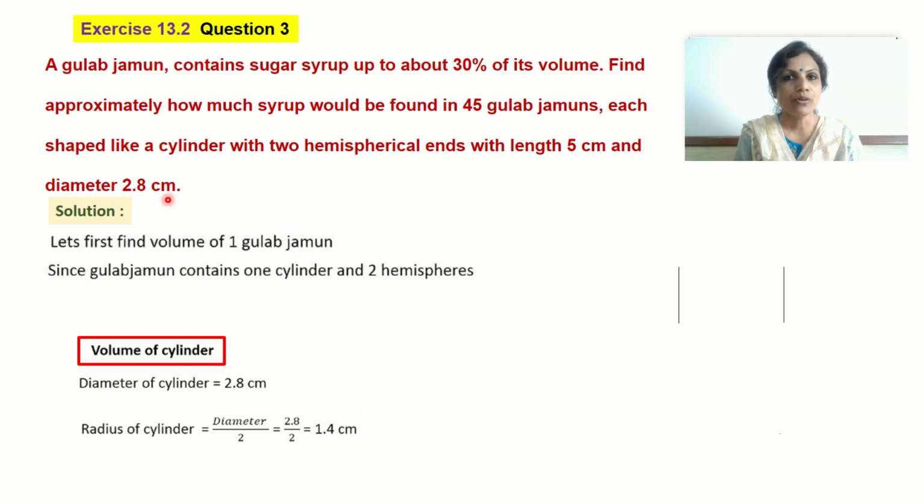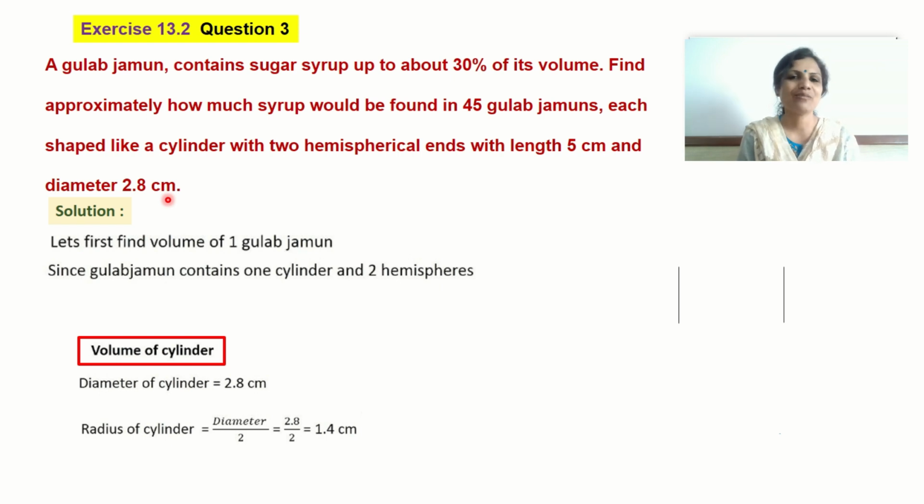So the sum is about gulab jamun. Shape of the gulab jamun is cylindrical and at the two ends hemispherical in shape. So you can imagine gulab jamun in front of you and must be feeling like eating it. Solve the sum correct and get the reward as gulab jamun from your mom.